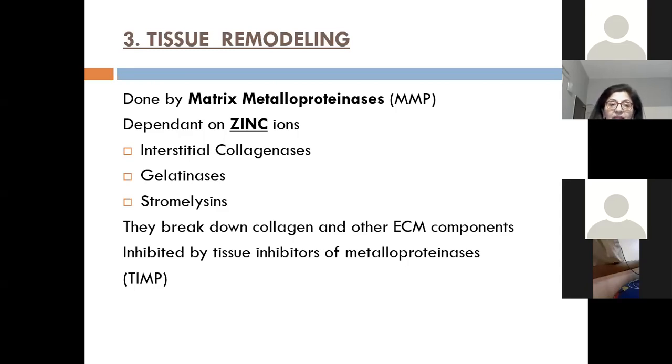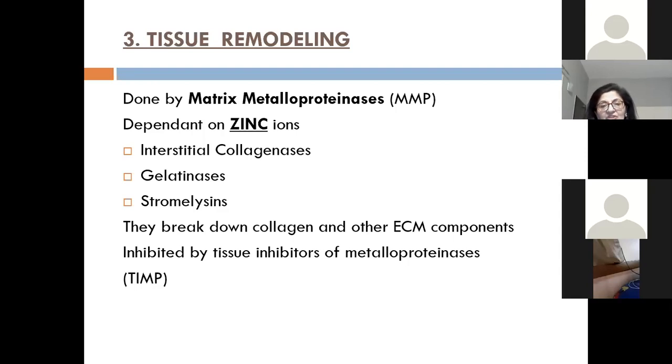Why are they called metalloproteinases? Metal, because they are dependent on zinc ions. And they include interstitial collagenases, gelatinases, stromalysins. What they do is they break down the extra collagen and other ECM components, and then they make them in alignment with the surrounding structures.